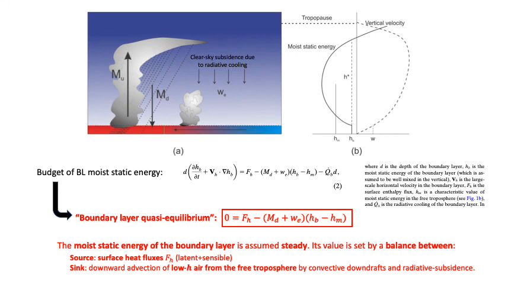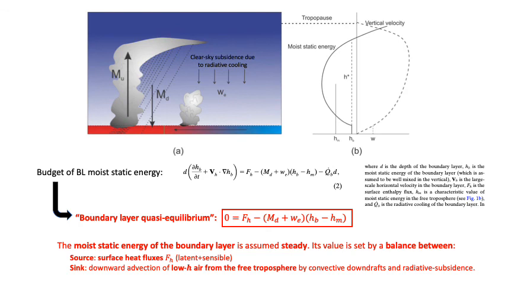And then that is going to be balanced by a sink of moist static energy, which is the downward advection of lower moist static energy air from the free troposphere. Remember that there's a deficit of moist static energy in the free troposphere. And so that lower H air is advected downward by both convective downdrafts, that's M sub D, the downdraft mass flux, as well as the radiative subsidence velocity, W_E.